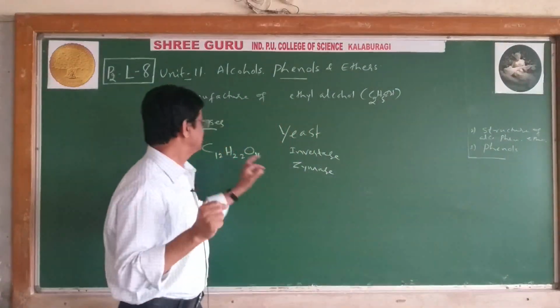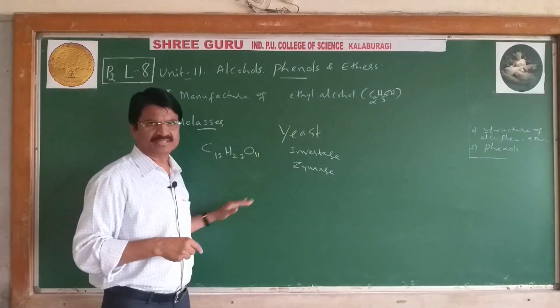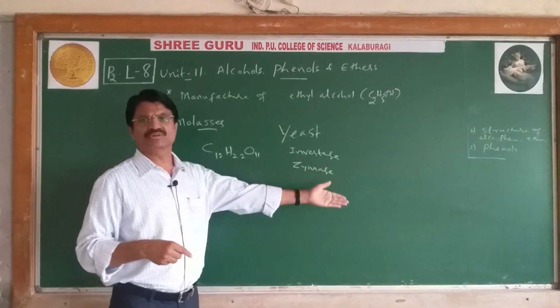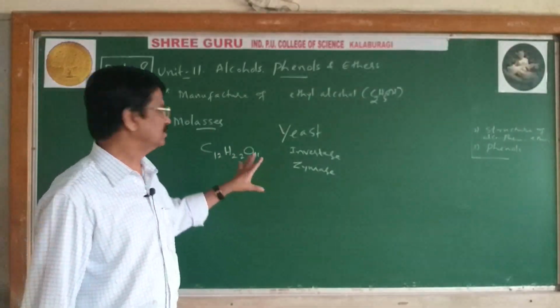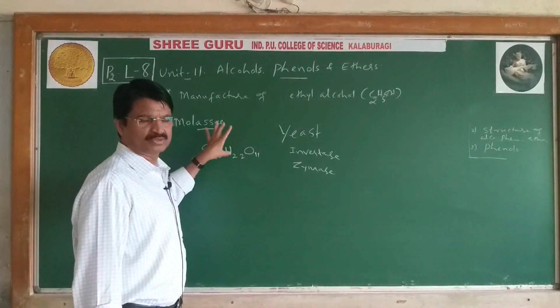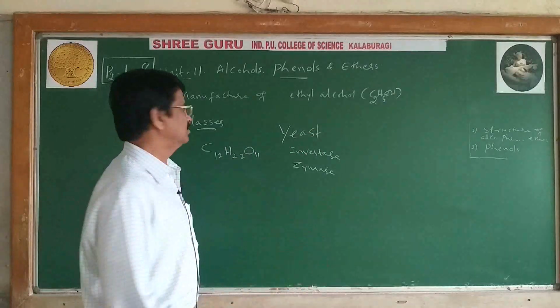In stage 1, you have to explain how sugar changes into glucose and fructose, and in stage 2, glucose and fructose into ethyl alcohol. Now we write 2 equations, and both equations are important.